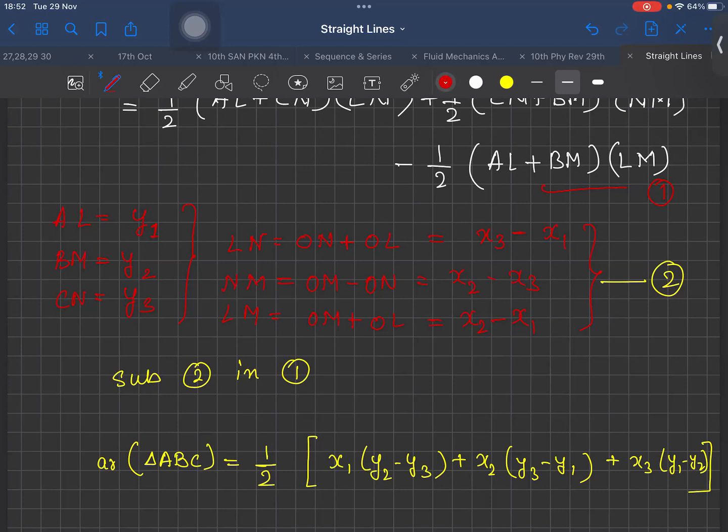Why? Because area is never negative. We are not considering negative area. Only the magnitude we are writing.